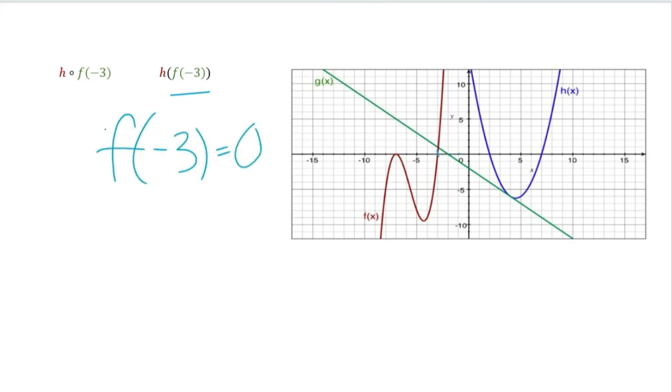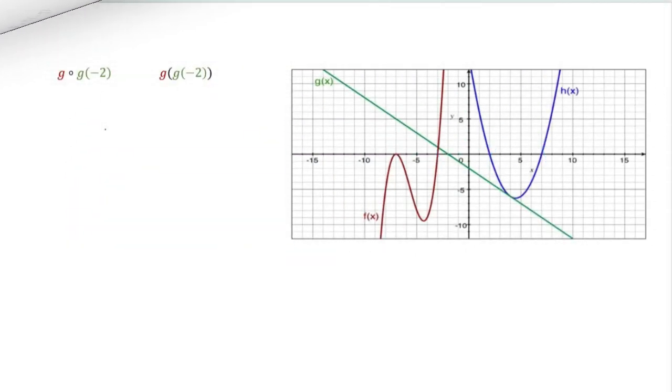So we're going to plug that 0 into our h function. So if we see where x is 0, in 2 spots, so our answer is going to be at 2 and at 7. So let's try another one.